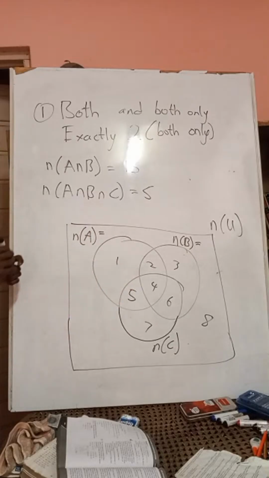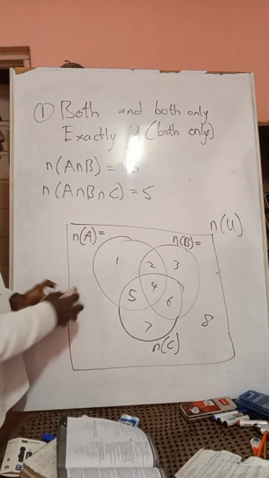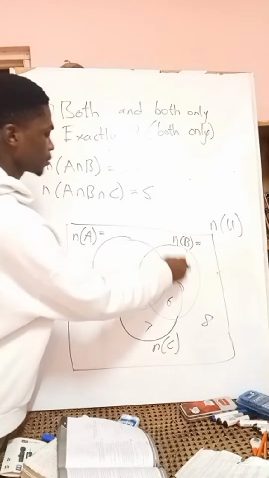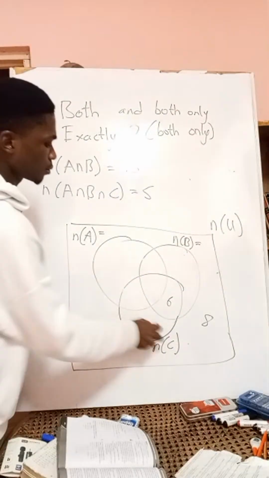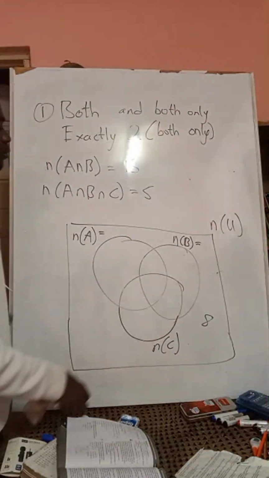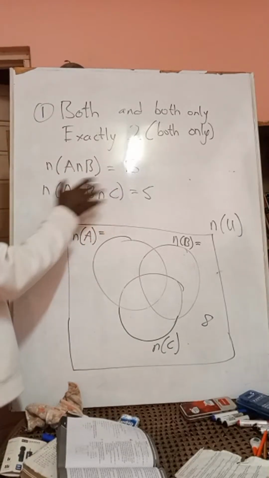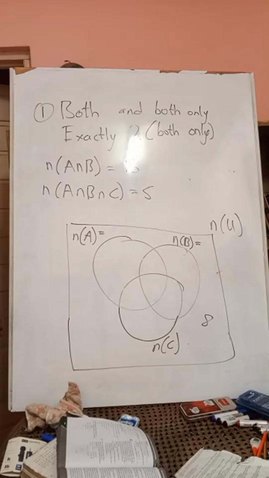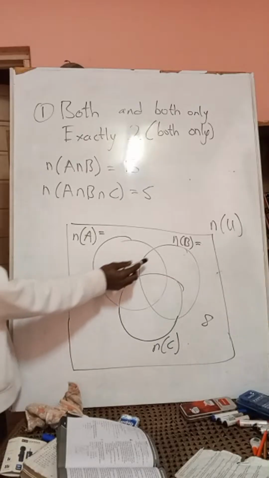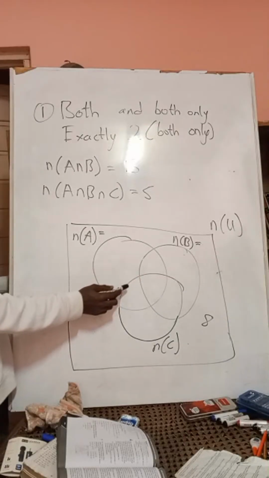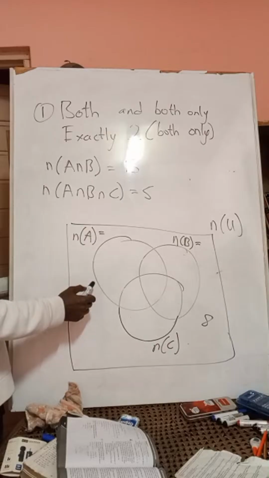Now I'm coming to demonstrate it, as they are coming to fill this Venn diagram here. Where will this one be? And where will A intersection B, B intersection C be?